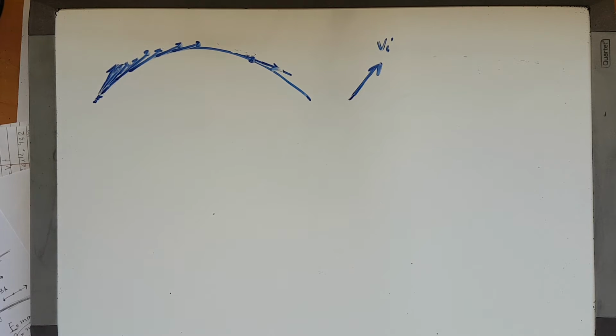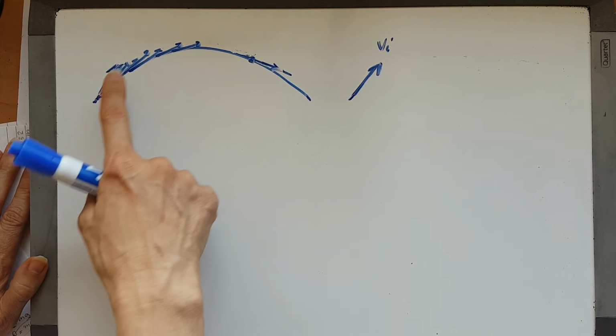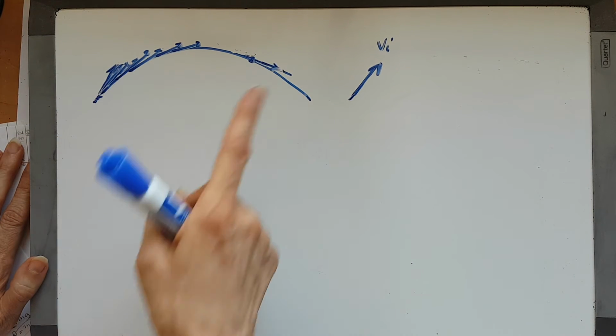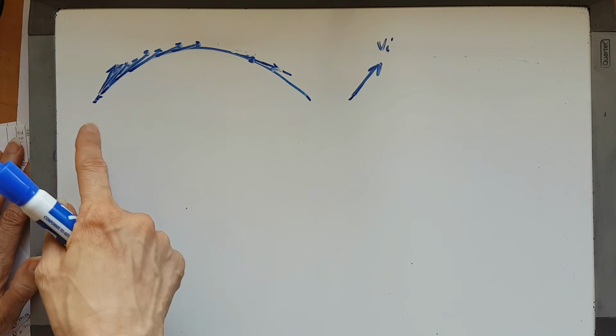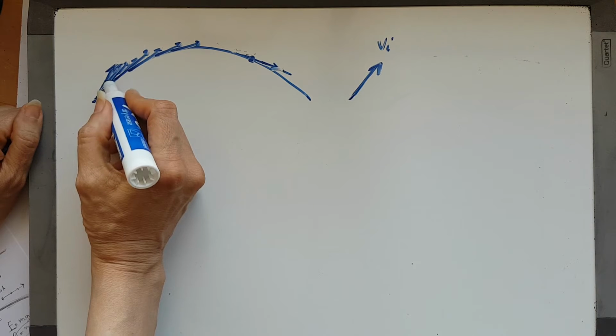Okay, of course the answer is there is only one force affecting this while flying in the air, and that force is the force of gravity, its own weight, which is dragging it down all the time.